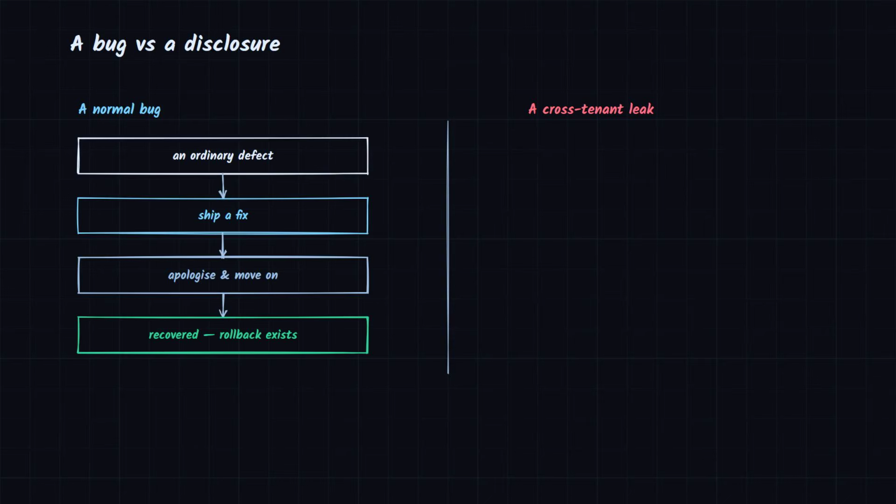It is worth being precise about why this class of bug is different, because engineers tend to file it next to every other defect. Most bugs cost you a fix and an apology. This one is unrecoverable in a specific way. Once customer A has seen customer B's data, you cannot unsee it. There is no rollback.